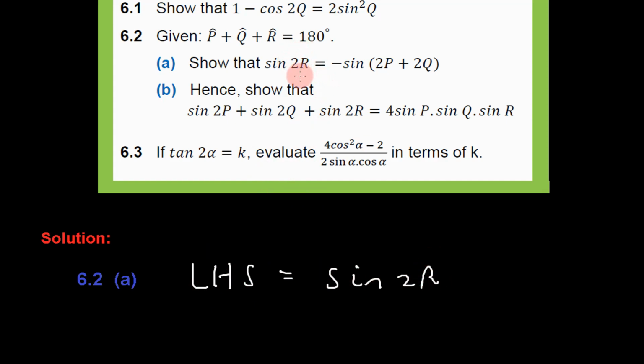Now, what's important to note, in the identity that we need to prove, the left-hand side contains r only, whereas the right-hand side contains p and q, but no r. So we can use this equation here to write r in terms of p and q. So we know that r, so angle r, will equal 180 degrees minus p plus q.